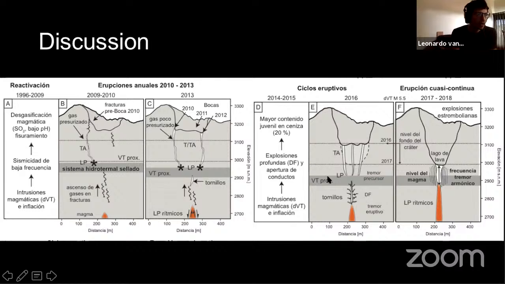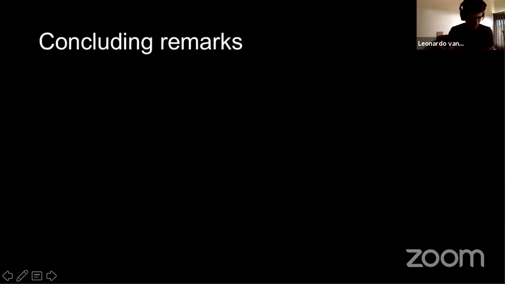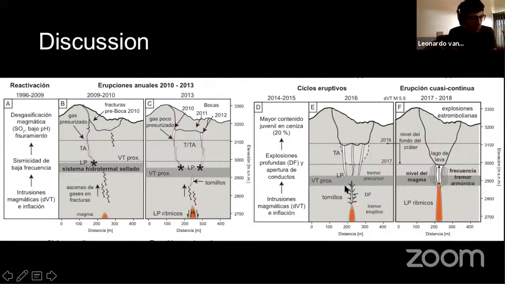And maybe we have a system of conduits more developed by that time. And we see that the tornillos are more important at that moment. And the cavity where those events occur is bigger and more connected with the magma body.